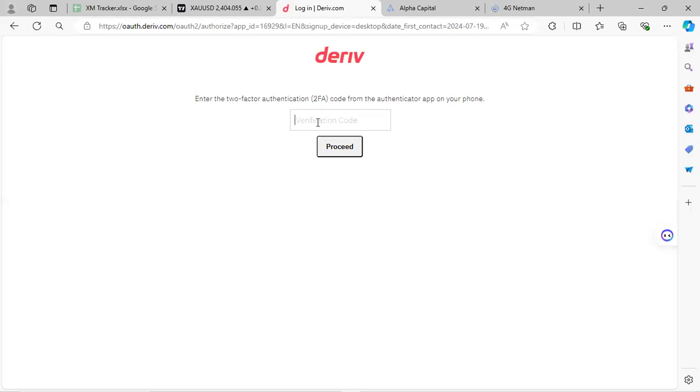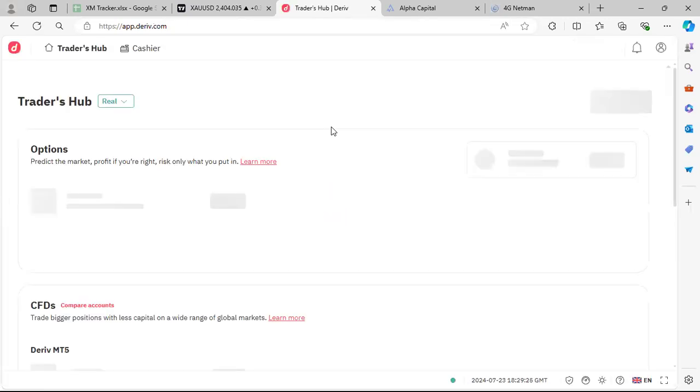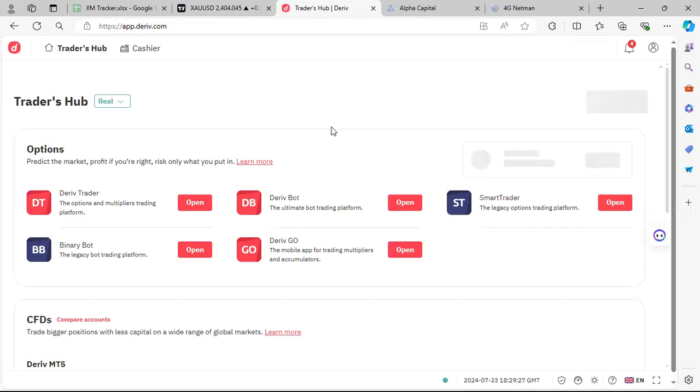I have to enter a code from my phone. In this case, it's 098393, which is randomly generated by the Google Authenticator app.